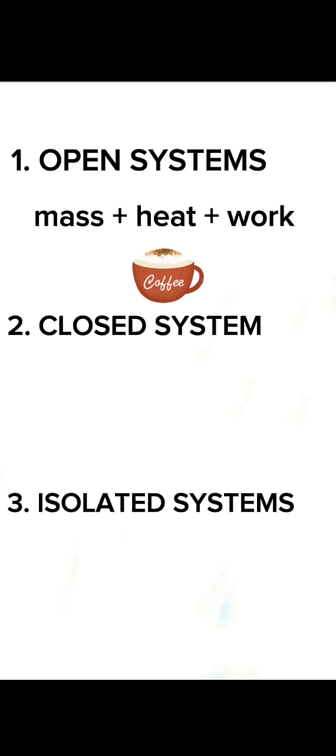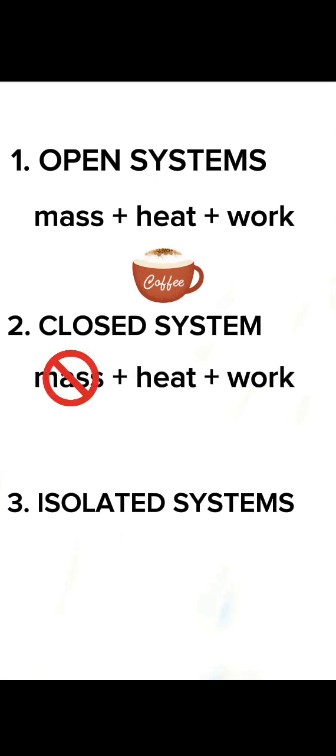A closed system is a type of system where only work and heat are allowed to be exchanged. So suppose you had a cup of hot water, and suppose it was covered. If it was covered, even though the liquid evaporates, one thing you'll be able to see is that no mass will be lost.